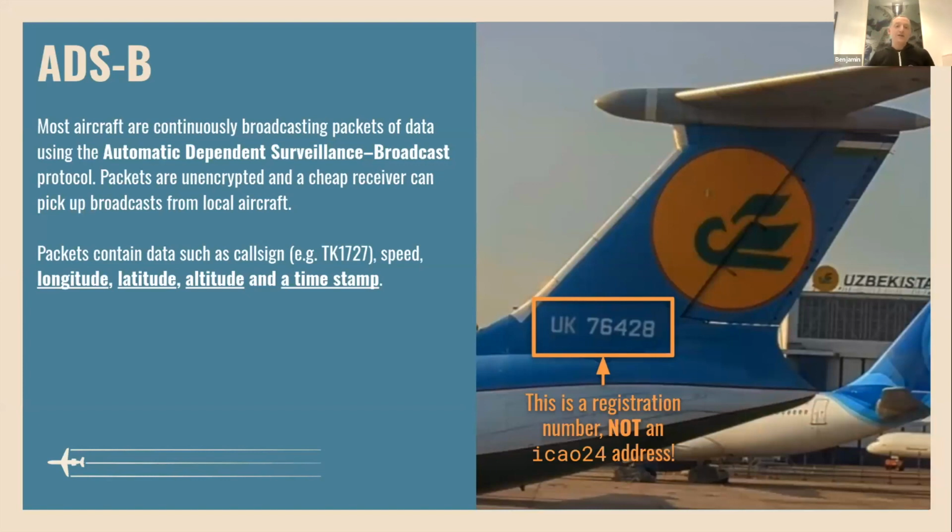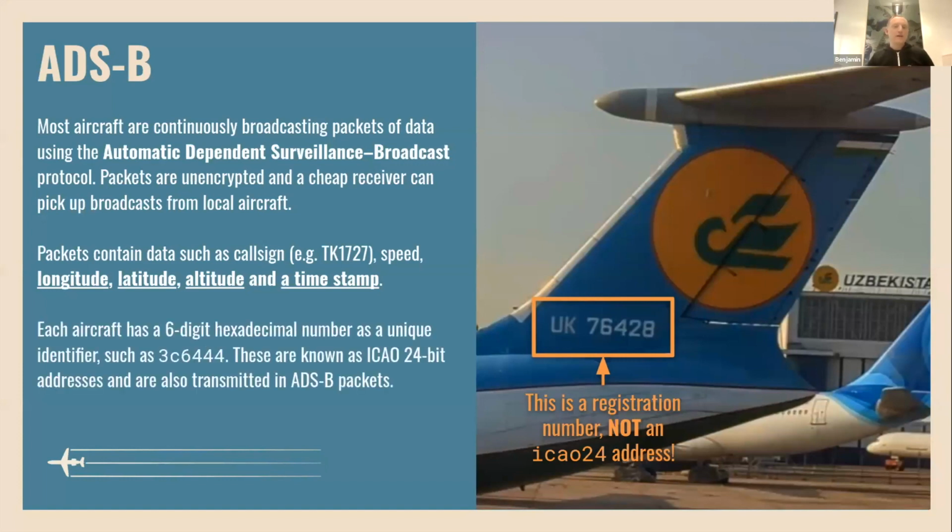Obviously I've underlined and bolded those last four elements because longitude, latitude, altitude, and timestamp are exactly the X, Y, Z, and M that I showed you in that data model. So we actually have data coming from airplanes live all the time that exactly matches this table that we just set up.